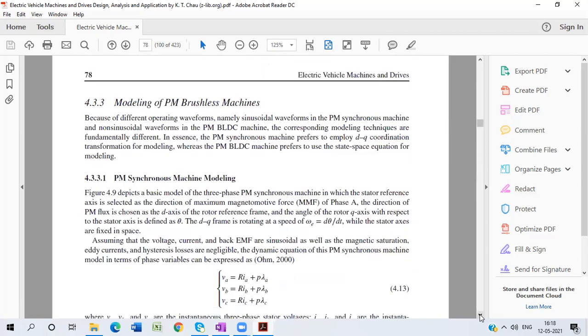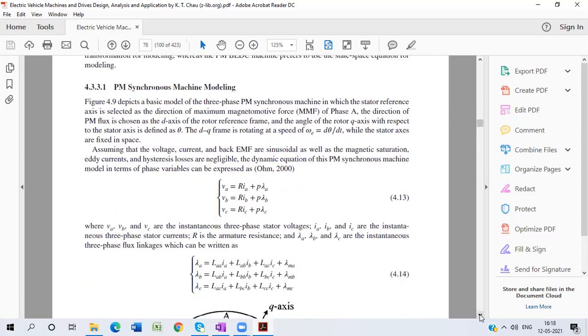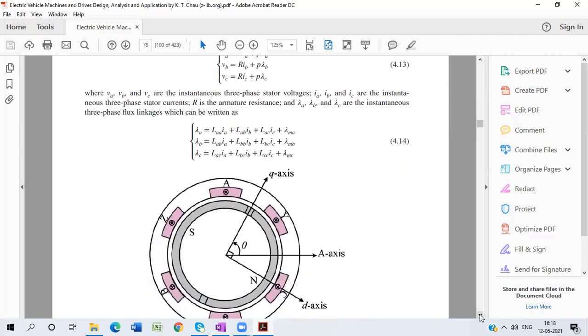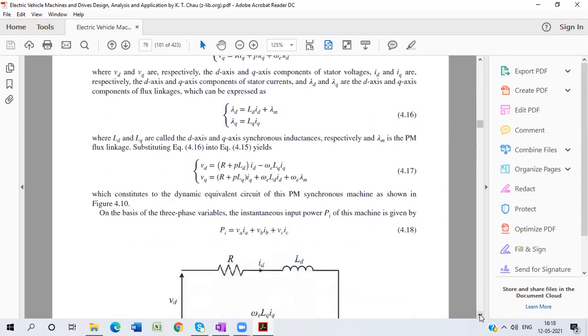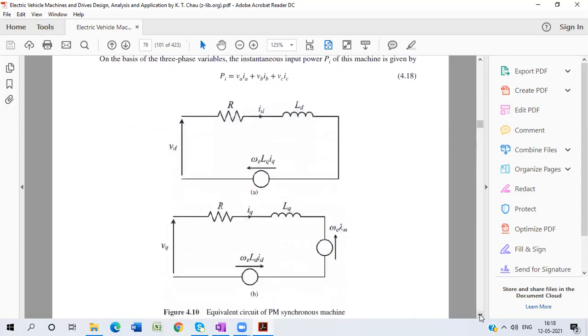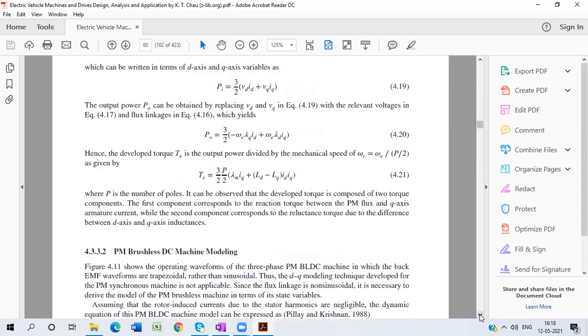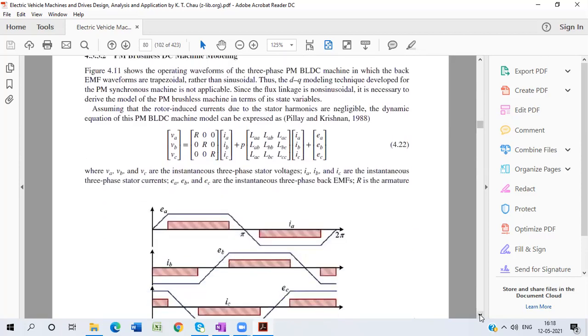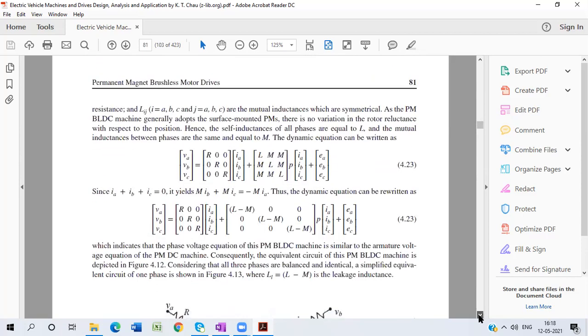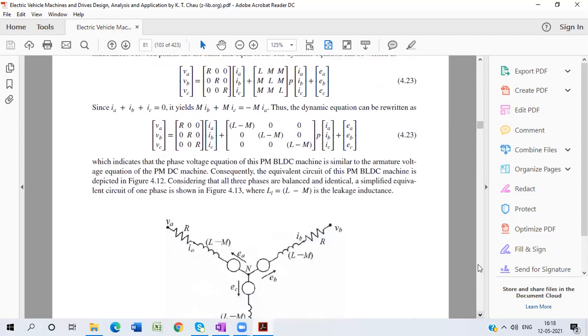Then we discussed the modeling part. For the PM synchronous machine, the modeling and its equivalent circuits we have already done. In the same way, the modeling of the PMBLDC motor is remaining.